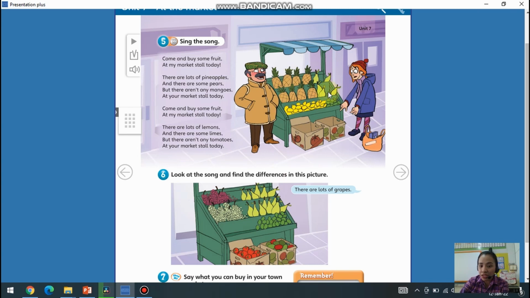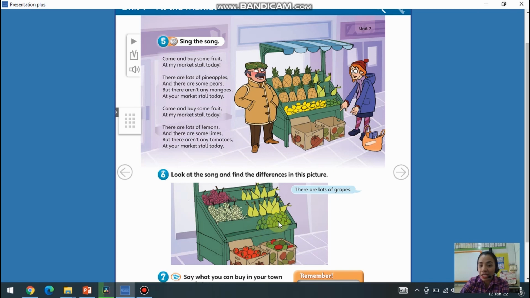The pears, look at the pears. In the song, there are some pears, but here there are lots of pears, right? In the song, there are lots of lemons, but here there aren't any lemons. Okay, so there aren't any lemons, but there are lots of what?